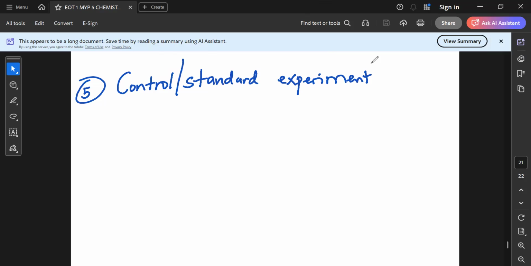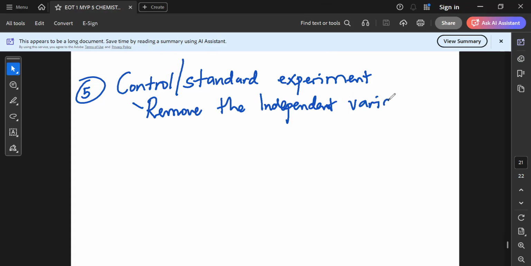For a control experiment, you're going to run the same experiment, but normally the key thing is you remove the independent variable. It's the one you want to find out whether it affects your results. So what you do, repeat everything the right way, but this time round, remove the independent variable or replace it with something else.